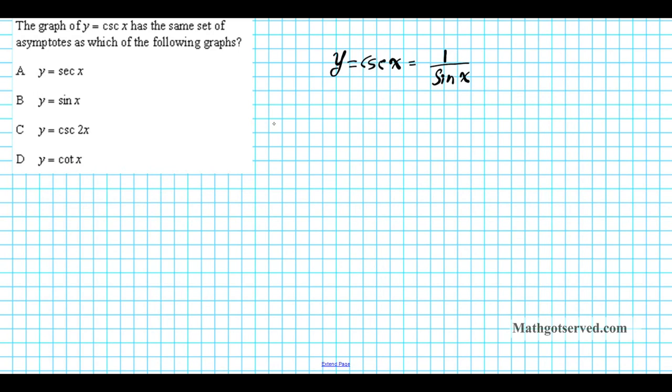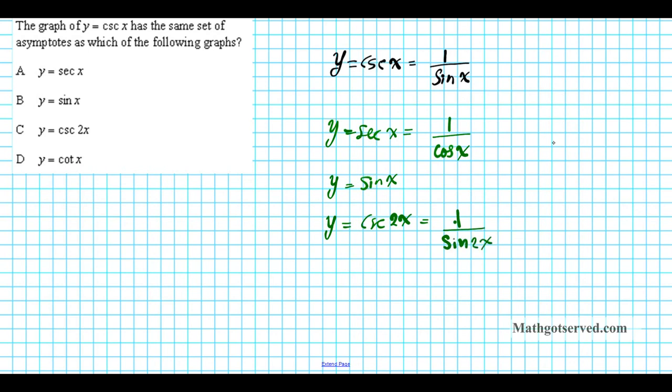All right, so option A, y equals secant x, can be written as 1 over cosine x. Option B, y equals sine x, cannot be expressed using a quotient or reciprocal identity, so we'll leave it alone. Option C, y equals cosecant 2x, is equal to 1 over sine 2x.